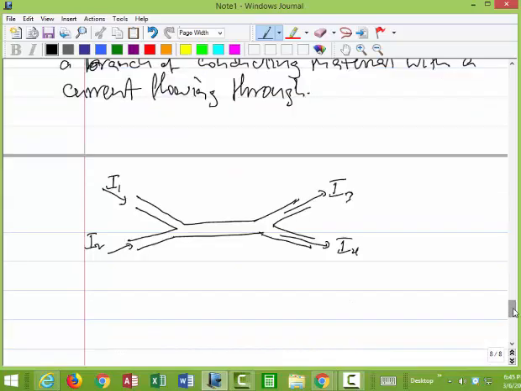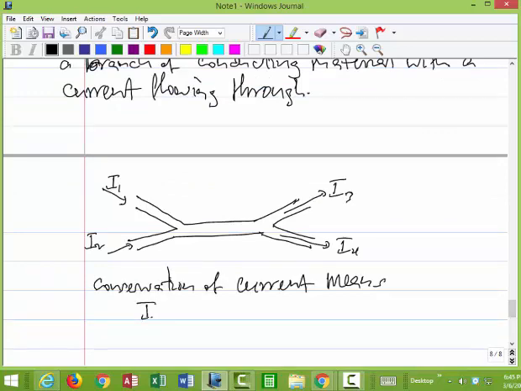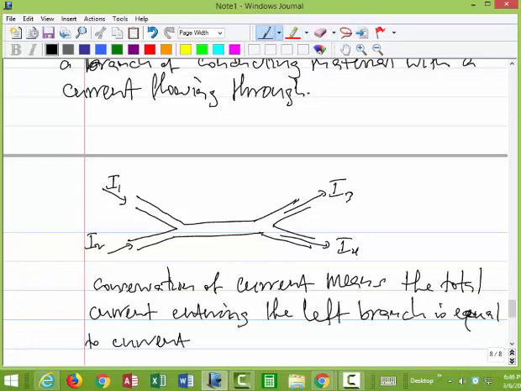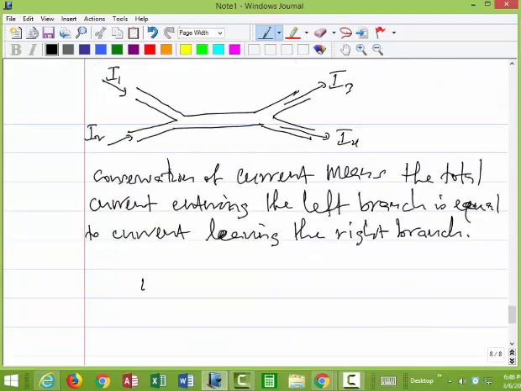The conservation of current just means that the total current coming in at one end is equal to the current leaving the other end. So the current entering the left branch is equal to the current leaving the right branch. We have I1 plus I2 equals I3 plus I4.